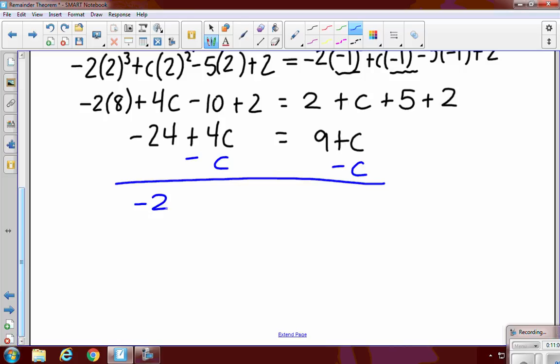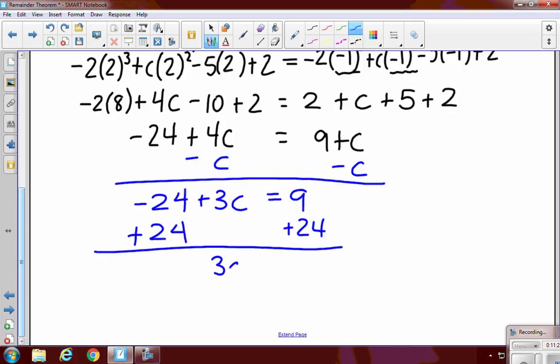So that gets me negative 24 plus 3c equals 9. Add the 24 to both sides to get rid of it on the left. So 3c is 33. Divide out the 3, and now we get, in this question, c is 11.